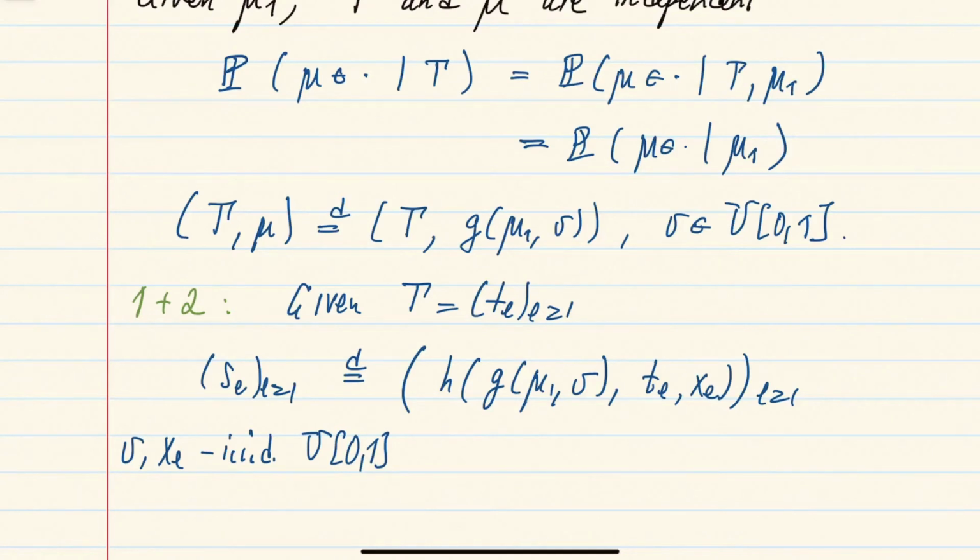And of course, in this representation, you can write composition of two functions as one function of mu1, TL, v, and XL.